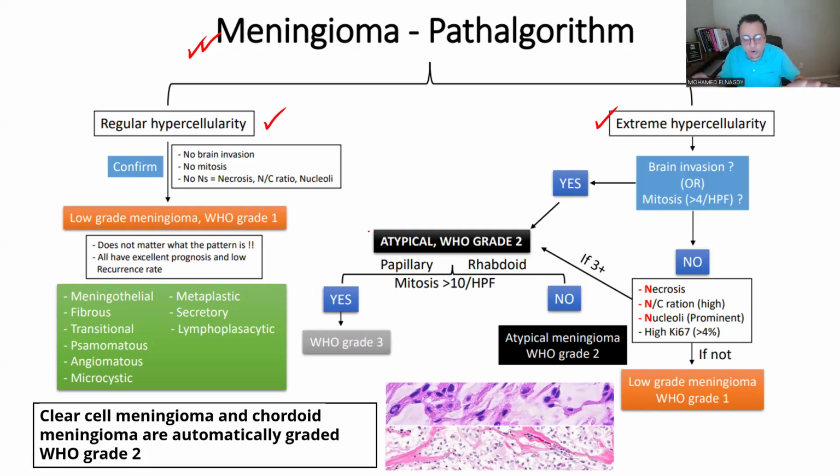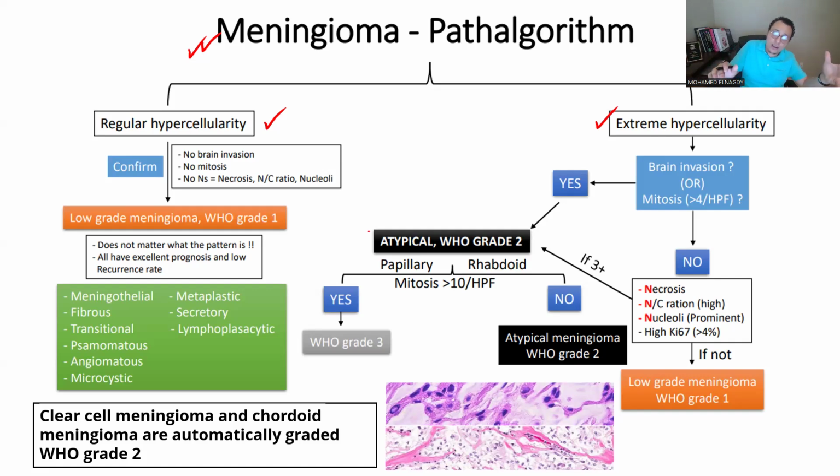That's the cutoff that my mentor always says: if nobody can question that this is hypercellular, this is extreme hypercellularity. Extreme hypercellularity means that even someone who is blind can just tell you this is hypercellular. But if there is disagreement, this is not extreme hypercellularity.